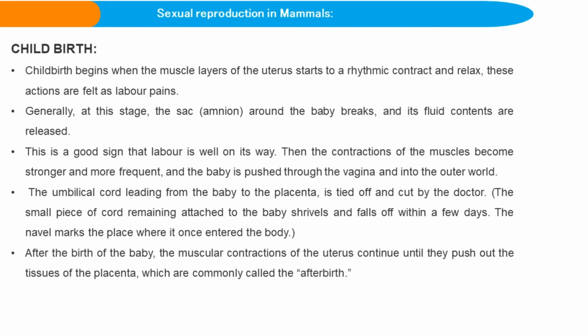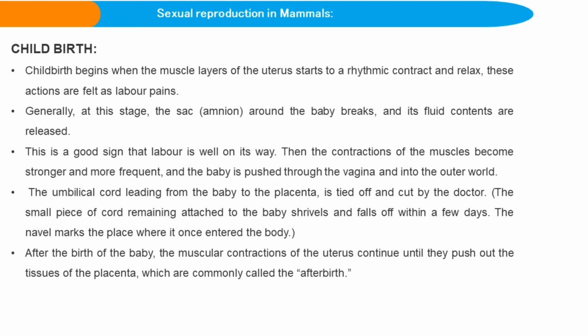Generally at this stage, the amnion, that is the sac around the baby, breaks, and the fluid comes out of the vagina. This is a good sign that the labor is well on its way. That means everything is normal.